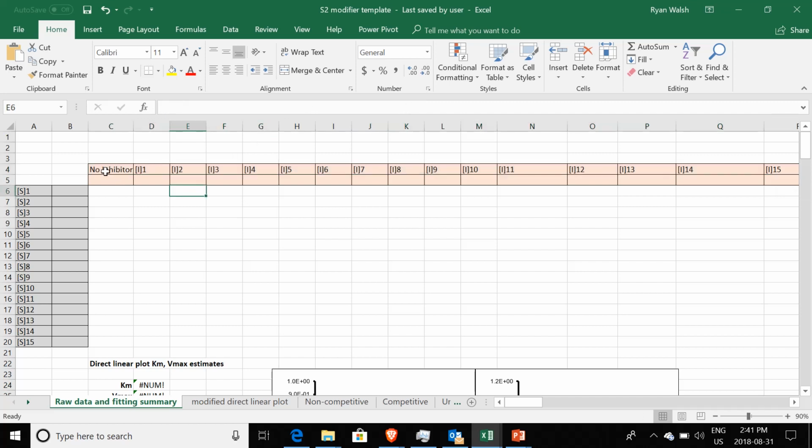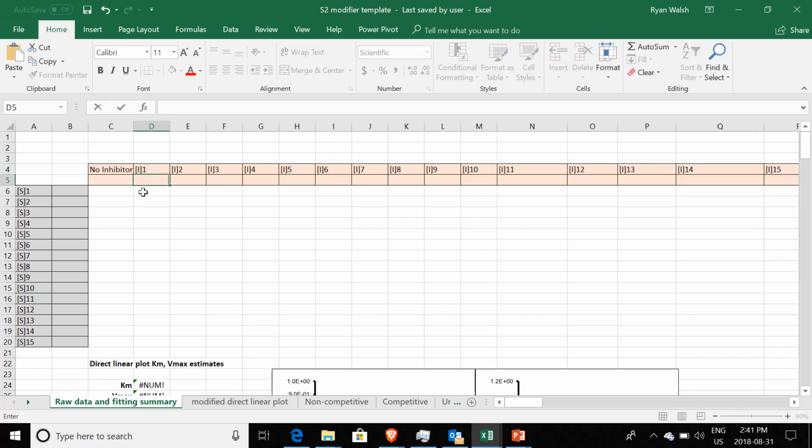And the first row here, you would put your rates that you observed at each substrate concentration when you don't have any inhibitor. And you can put in more than just one row of zero inhibitor. You could make this 0 as well, or as many as you like, and it will just model all that.